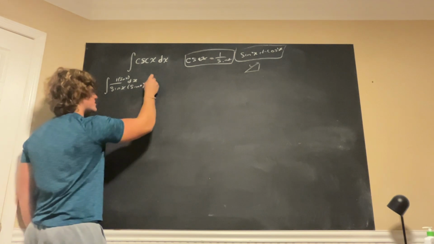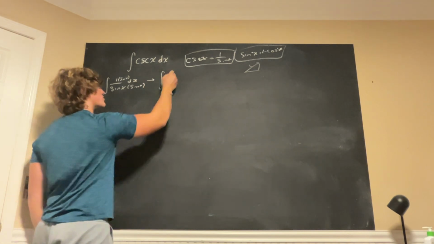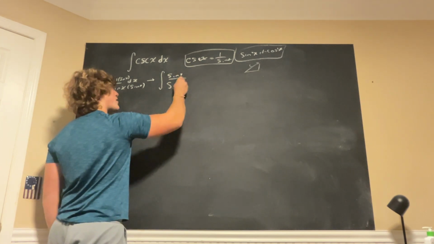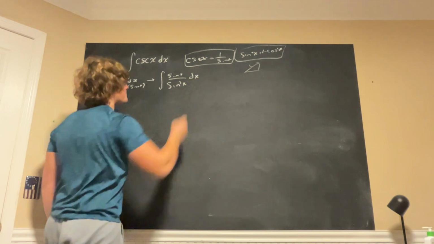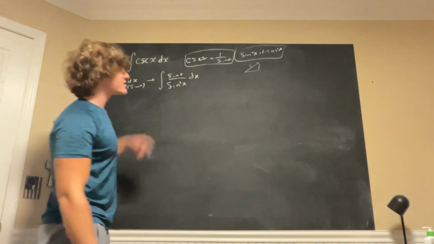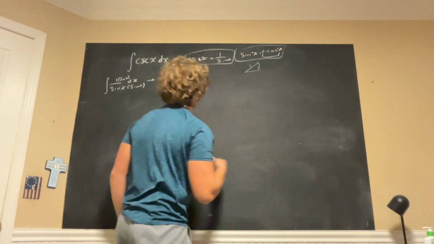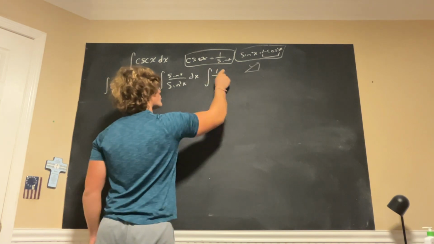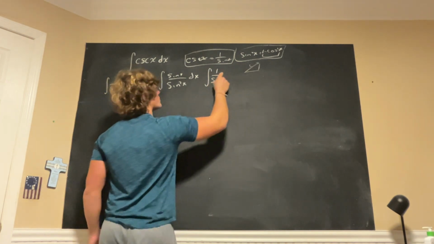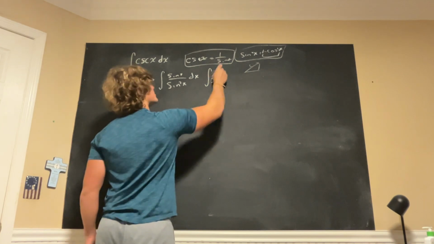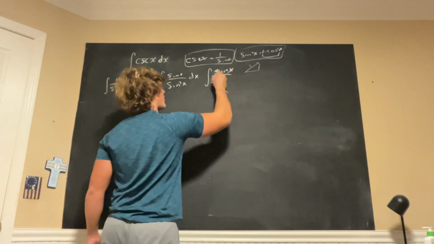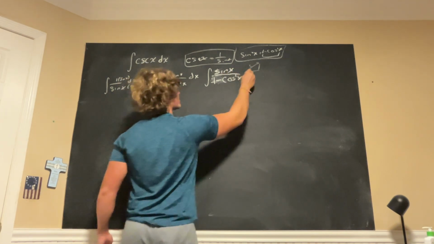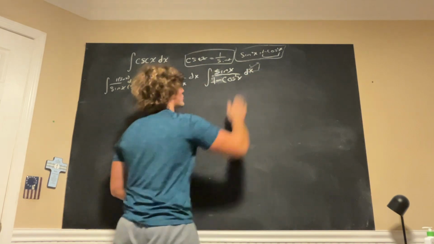So this transforms this into the integral of sine of x divided by sine squared x with respect to x. Now, sine squared x is just 1 minus cosine squared x, so we are going to plug that in right here. So this becomes the integral of sine x divided by 1 minus cosine squared x with respect to x. We'll erase this triangle.